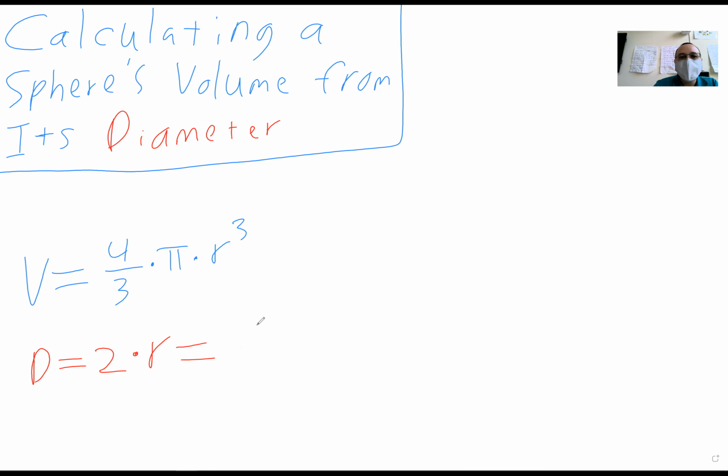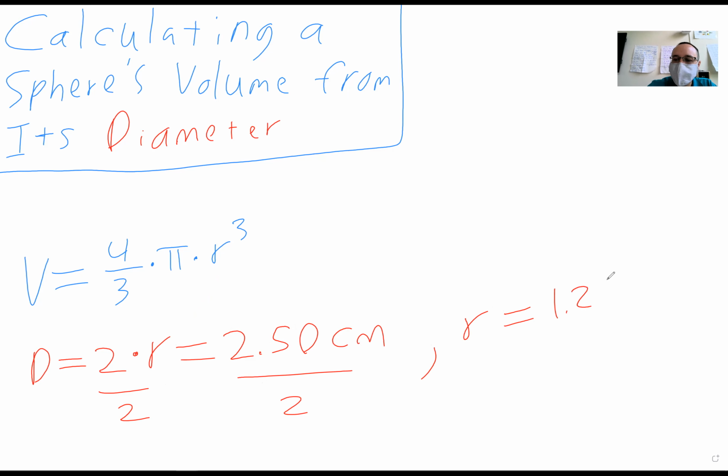How do we find that? Well, from our measurement with the calipers, we got 2.50 centimeters as our diameter. So 2 times radius equals 2.50 centimeters. If we divide both sides of this equation by 2, we find that R equals 1.25 centimeters.